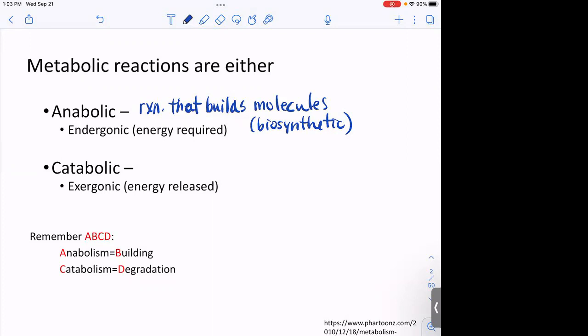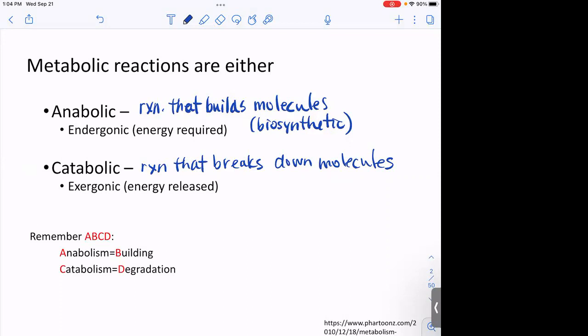A reaction that's catabolic is a reaction that breaks down molecules. Okay, so energy is going to be released from this kind of reaction, so we call it an exergonic reaction.